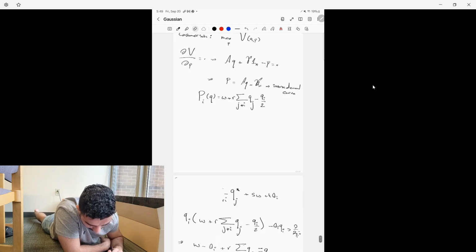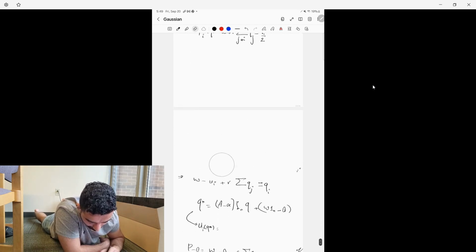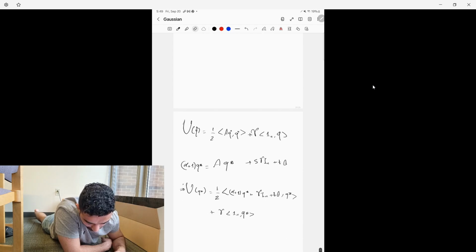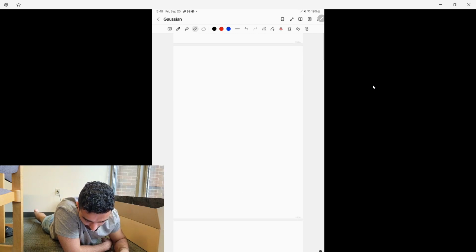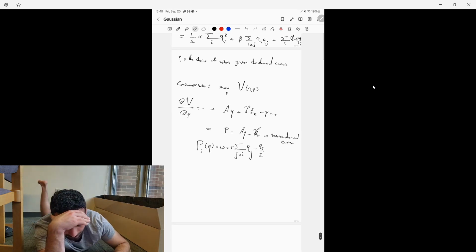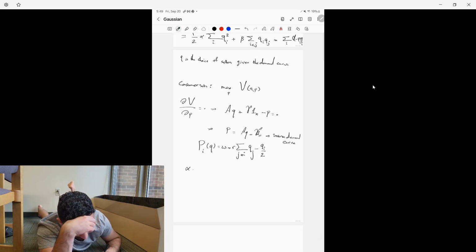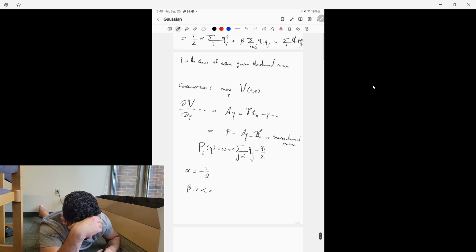So we know that alpha is minus 1/2, beta is r less than 0, omega is gamma, and that's it.